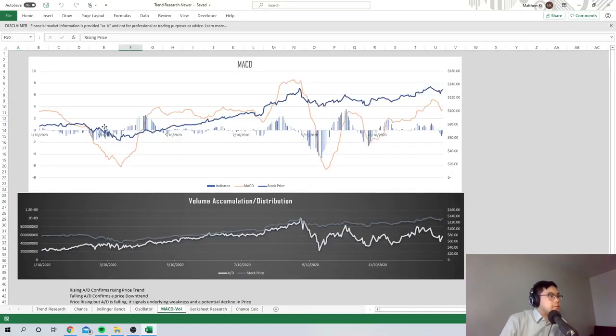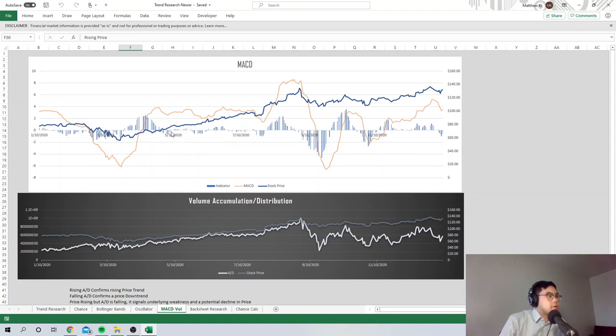MACD, so if the MACD line is below 0, that means it's a bear market. If it's above 0, it's a bull market. And for these momentum indicators, this histogram, if it's above 0, that means positive momentum.